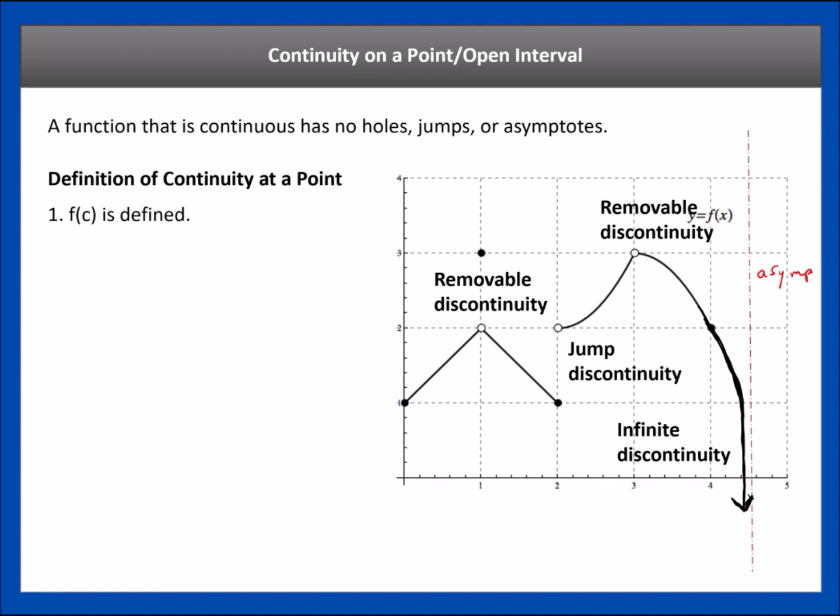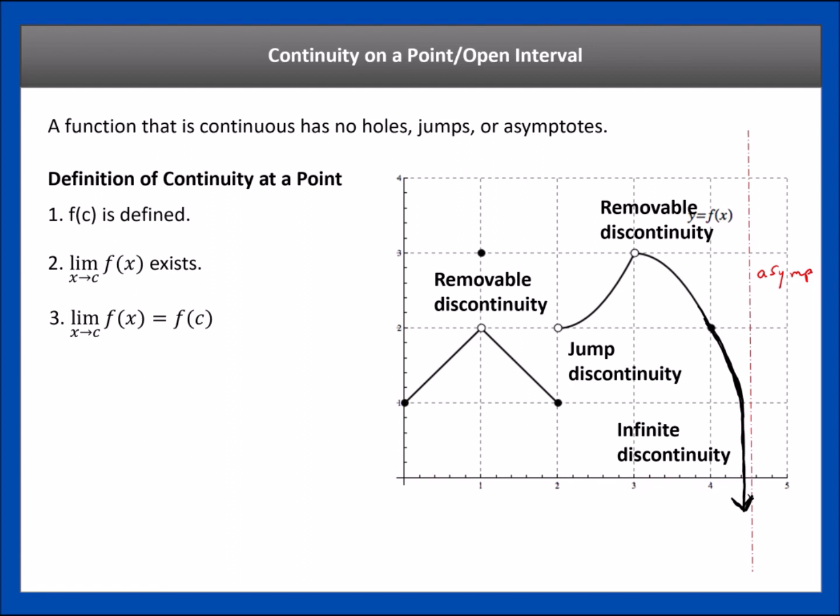So if you're doing the continuity at a point x equals c, then f of c has to be defined, meaning it can't be a hole. And then number two, the limit of the function as x approaches that value c has to exist. If it doesn't exist, that means that it's not continuous at that point.